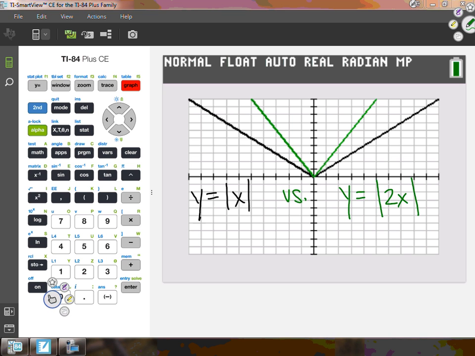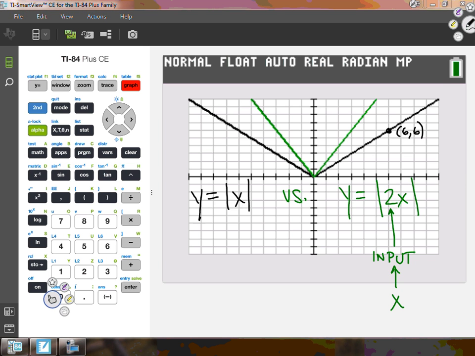Now that the 2 is living in here with the x, I want you to think about how it's affecting the input, how it's affecting x. By doubling the input, let's think about how the x coordinates have changed. Let's look at the point 6, 6, for example. 1, 2, 3, 4, 5, 6, 6.